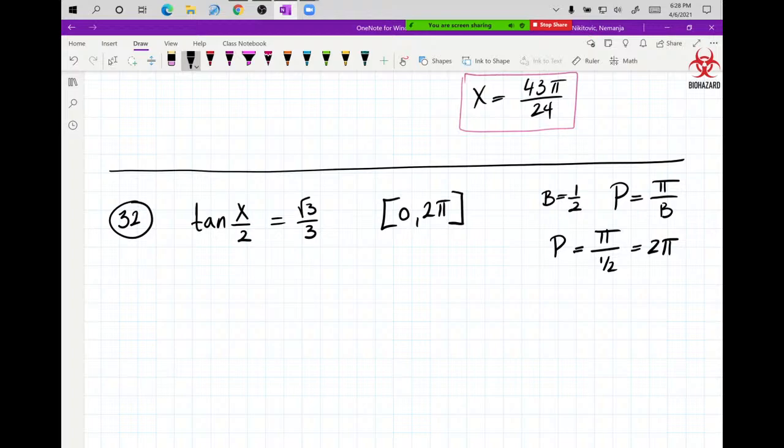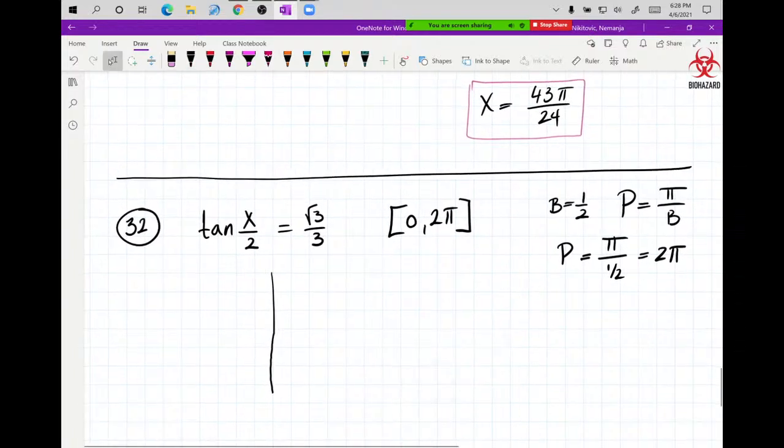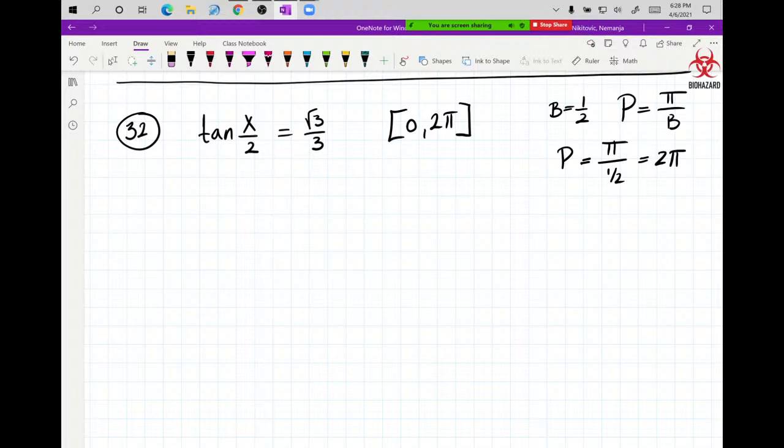Okay. Now, the tangent was not shifted left or right, which means that the middle of the tangent is still going to hit 0, 0. So let's draw vertical asymptotes.